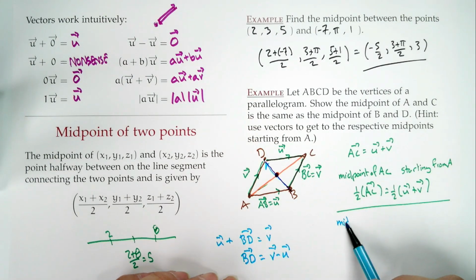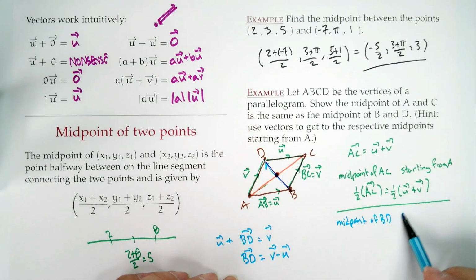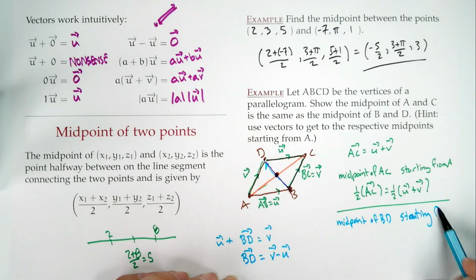So if I want to get to the midpoint of BD, starting from A, where do we go?